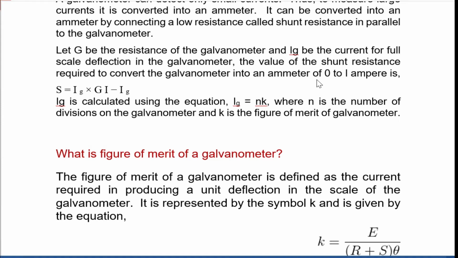Ig is calculated using the equation Ig = N K, where N is the number of divisions on the galvanometer and K is the figure of merit of the galvanometer.